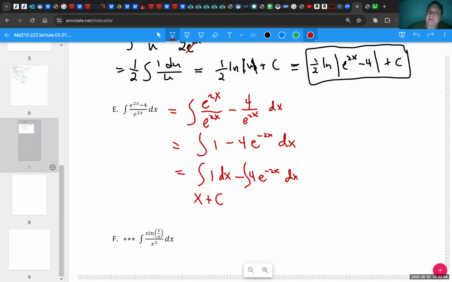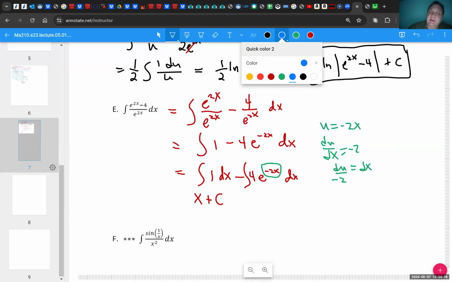So I'm now going to choose u to be equal to negative 2x, calculate the derivative, solve for dx, and do my substitution this way. All right, so this is my u thing, that's going to go in here.